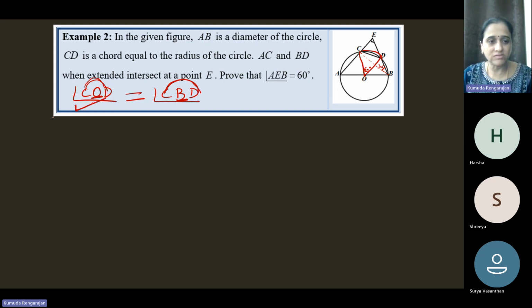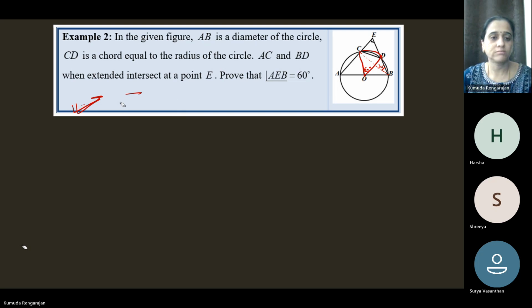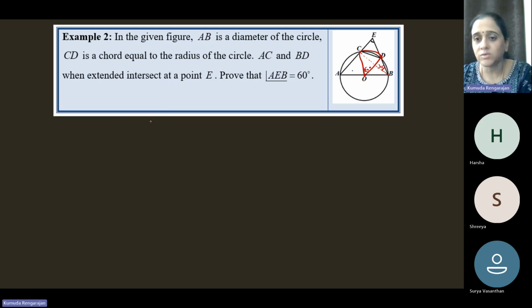This is double, this is half. So from this, we get this angle as 30 degrees. Is that clear?